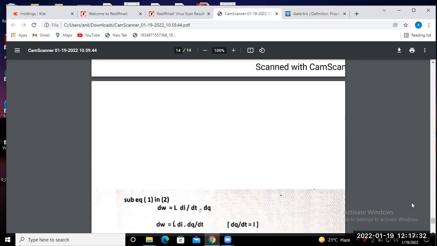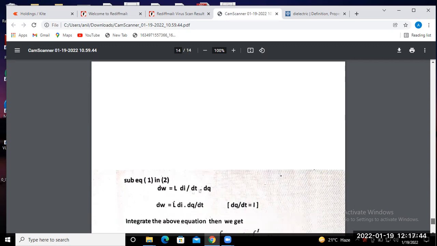So total work done is 1 by 2 L I square. So energy stored in the inductor equals 1 by 2 L I square.